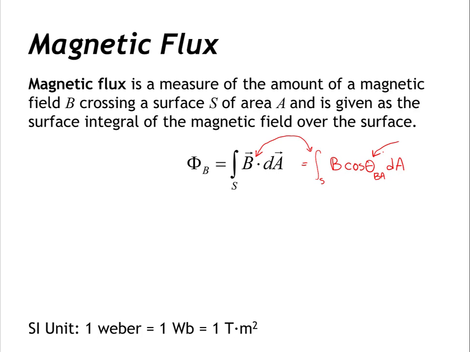Cosine makes sense because we have maximum magnetic flux when the angle is 0 degrees and cosine of 0 degrees is 1. We have zero magnetic flux when the angle is 90 degrees and the cosine of 90 degrees is 0. Now, this formula is great when we have a non-uniform magnetic field or when the magnetic field varies across the area.